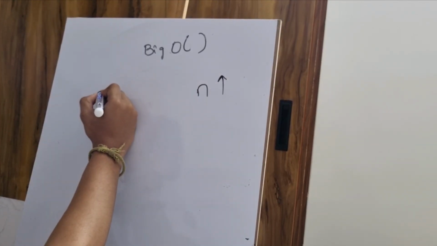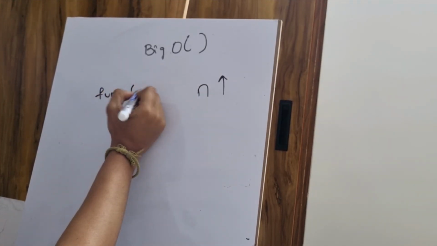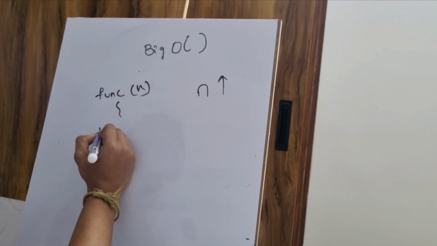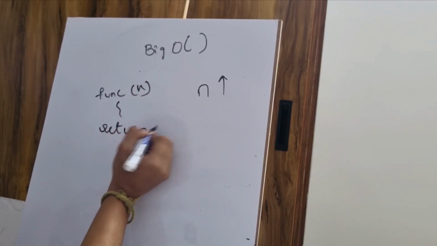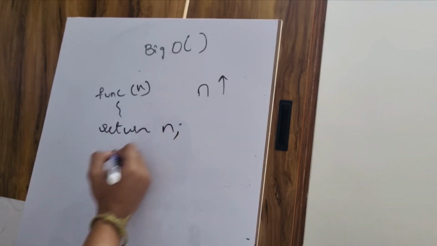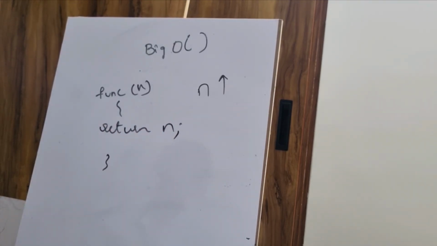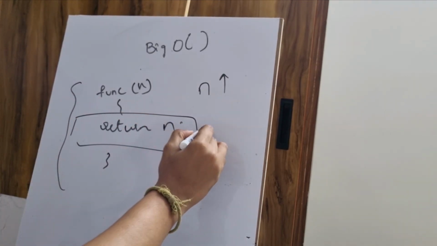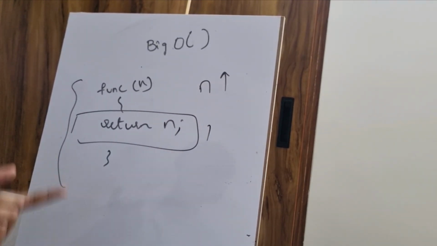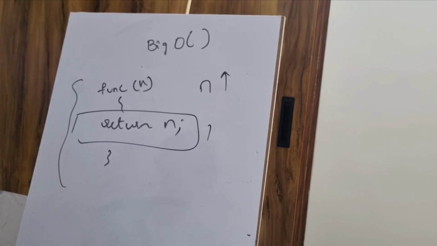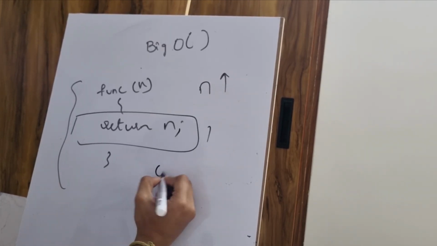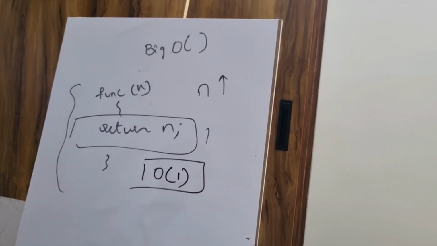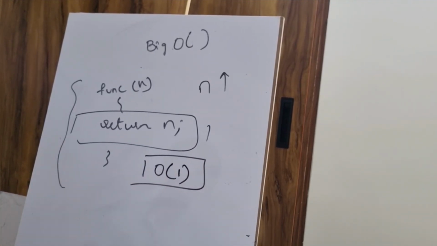So if you have a function where you're taking the number n and just returning, for example, a particular value, the number of calculations that this entire function takes is only 1. So regardless of how high the value of n is, your time complexity will be O of 1. This is the best time complexity that any algorithm can have.